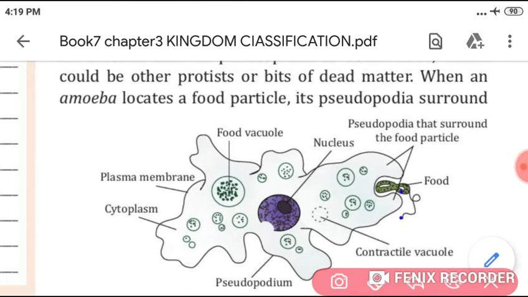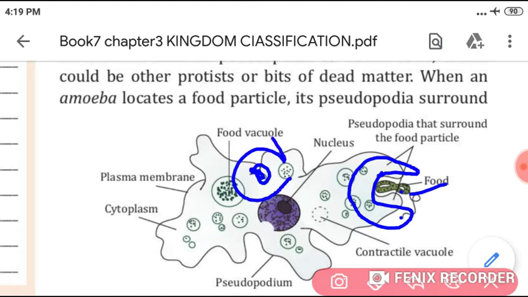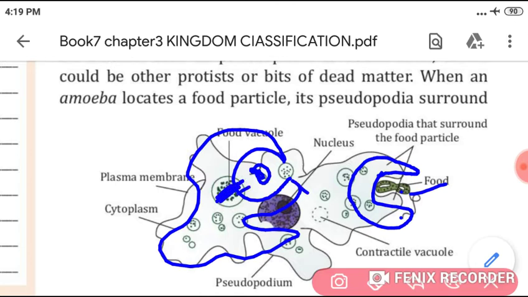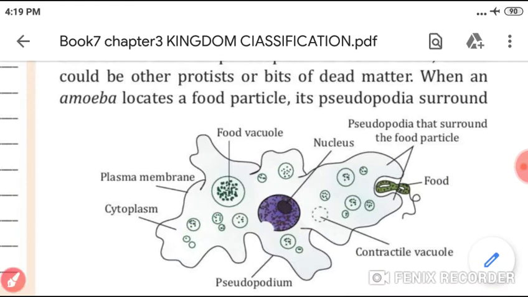Like this is the food particle here, and these pseudopodia surround it. Afterwards, it will surround more, taking any shape, and then the wall will break from here, and this food will enter, and the amoeba will join here. Okay, now let's see.